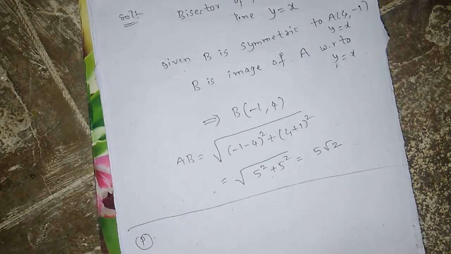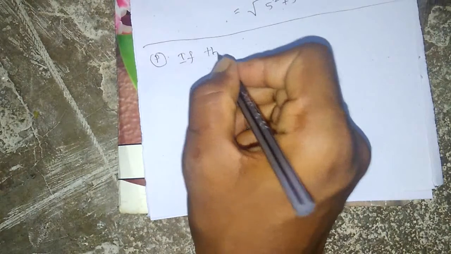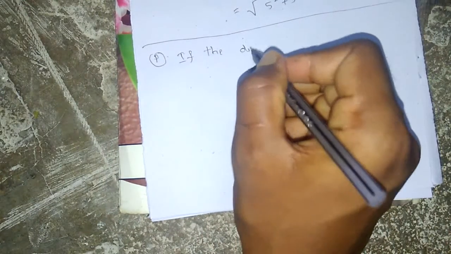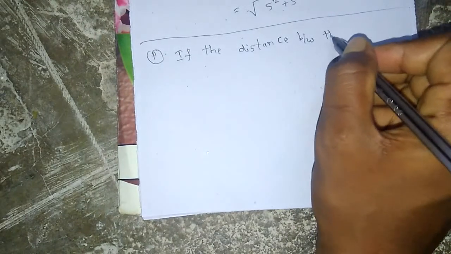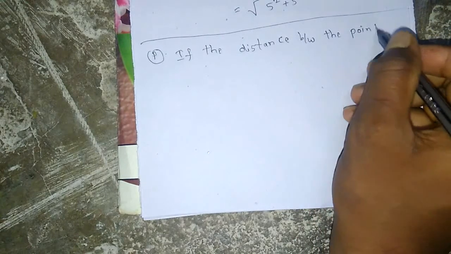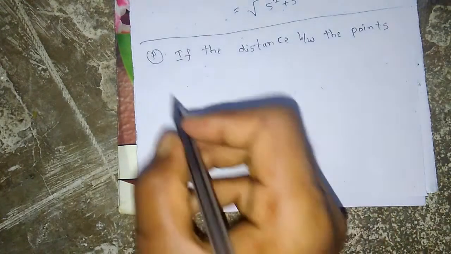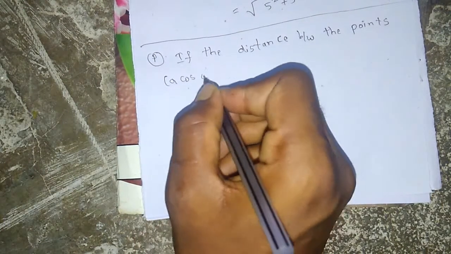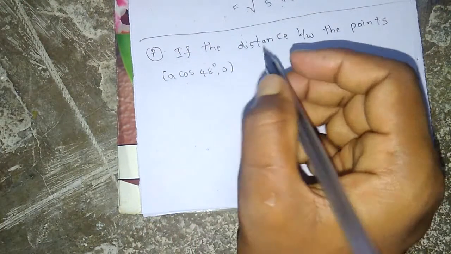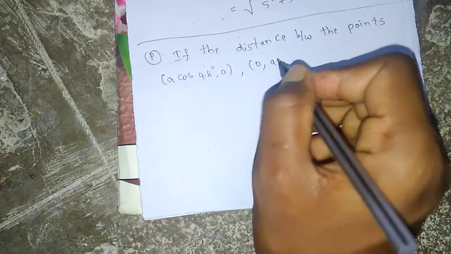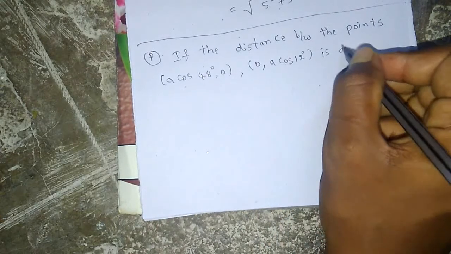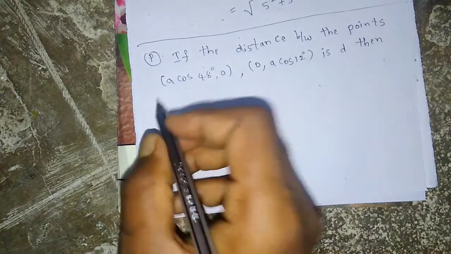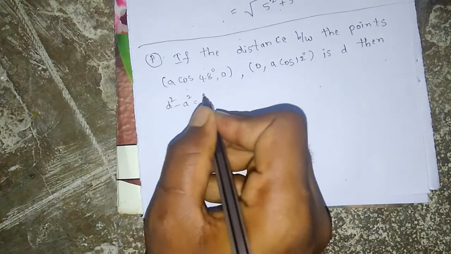Our next problem is, if the distance between the points (a cos 48, 0) and (0, a cos 12) is d, then d square minus a square is equal to?